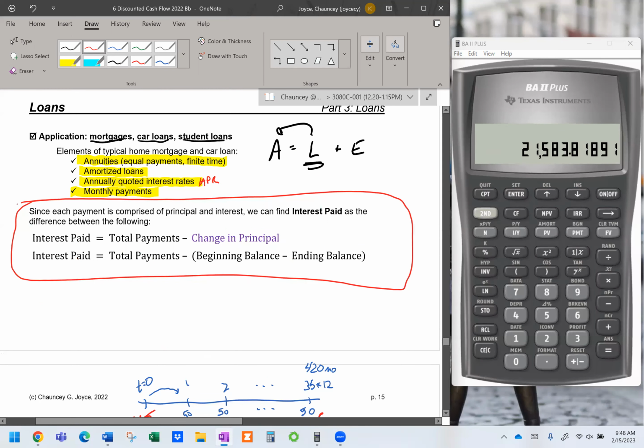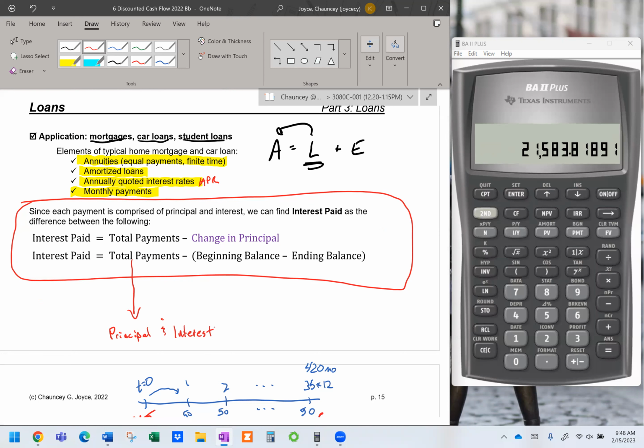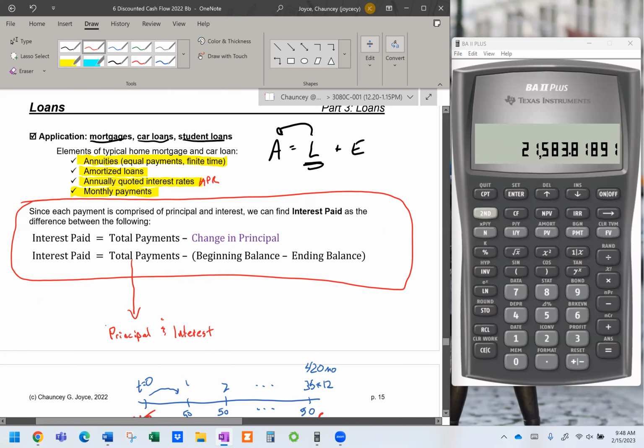And it's based on this idea that your payments have a portion that pays off the original balance called principal and a portion that is interest. So your initial payments are composed primarily of interest, and your later payments have a larger majority contributing towards your principal component.